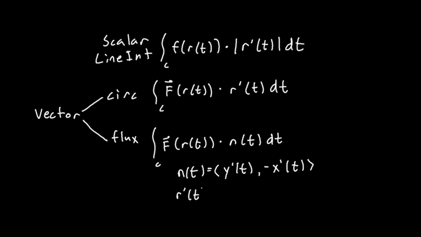All you have to do is swap the places of the x and y values and then set a negative on the x value, and you get your normal vector to dot product with your vector field.